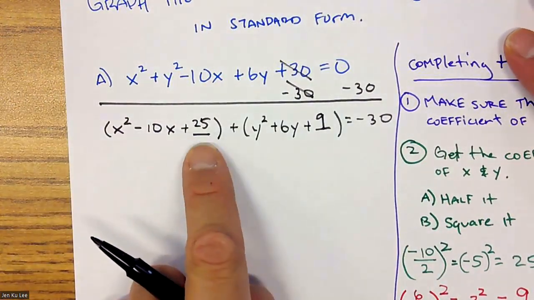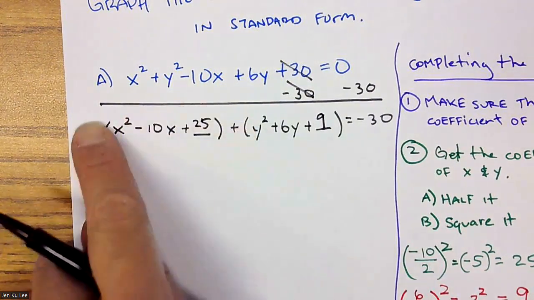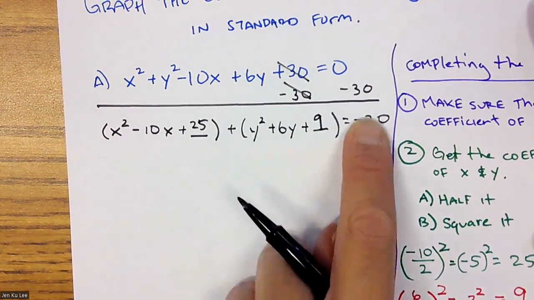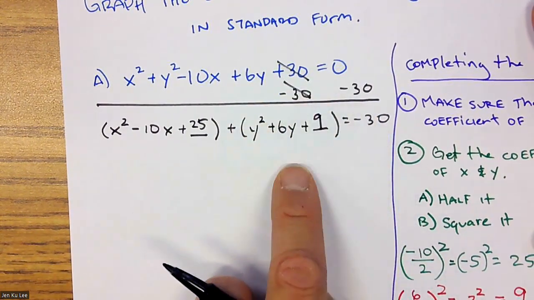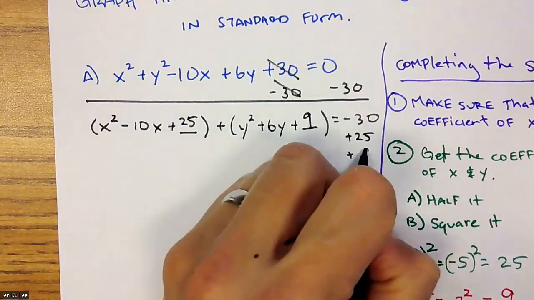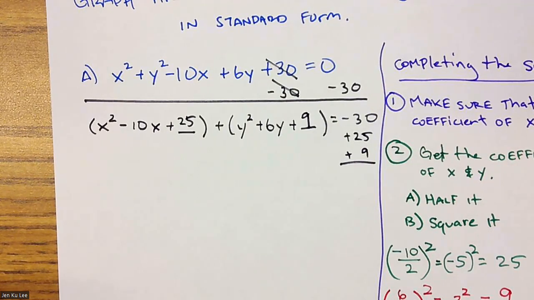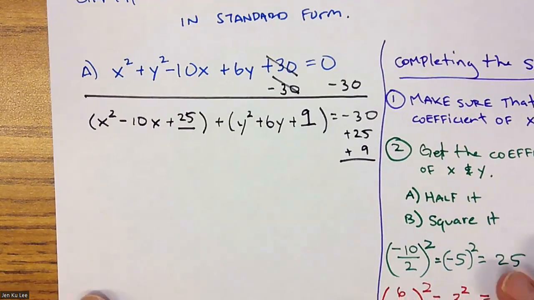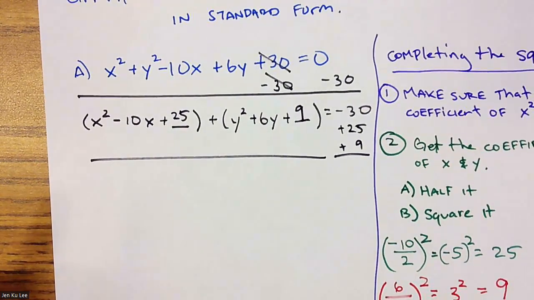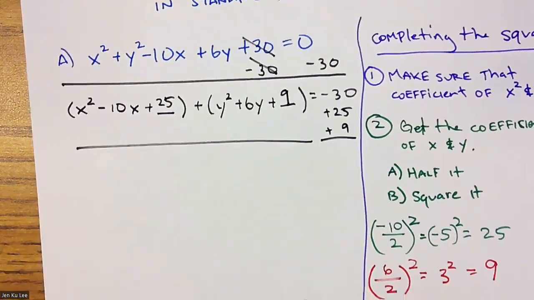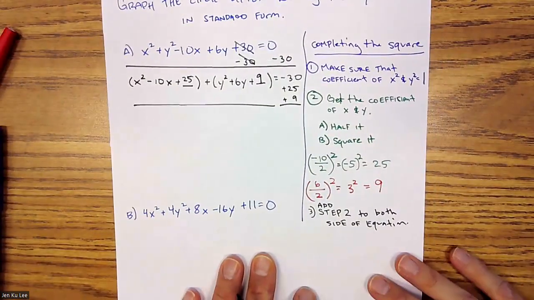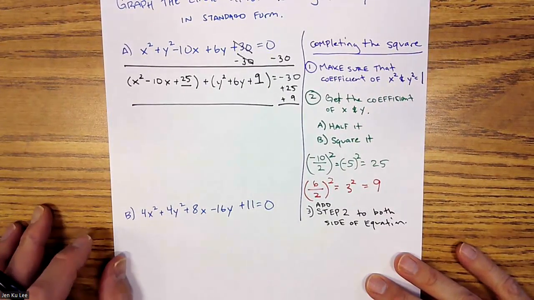But since I added a value of 25 here, and since I added a 9 here, I'm going to add 25 and I'm going to add 9 on the other side, because it's an equation. All right? Questions on this? Let me back up. Questions on that? No?